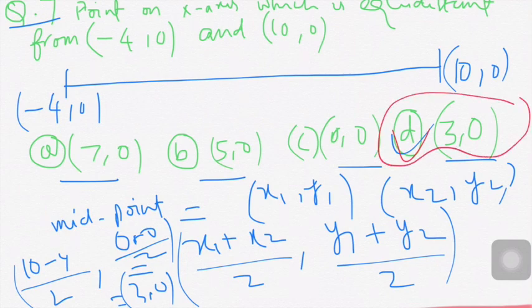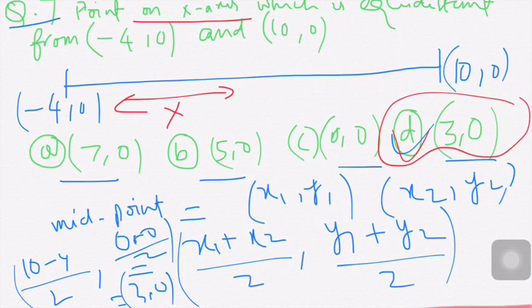Also we could find that this is the x-axis, and the point on x-axis which would be equidistant, means in the middle of this we need to get one point.